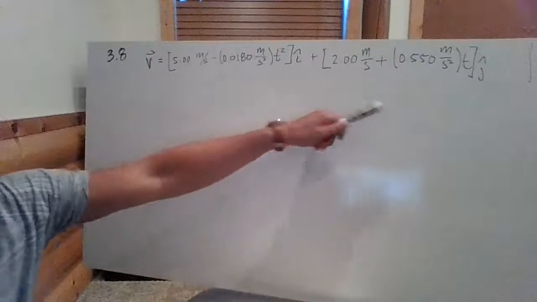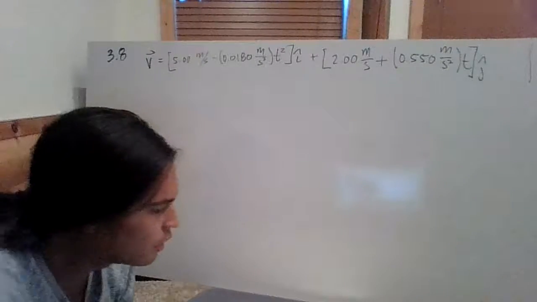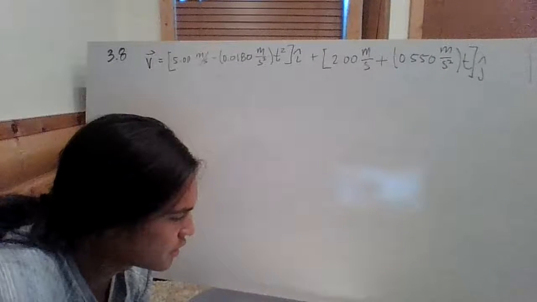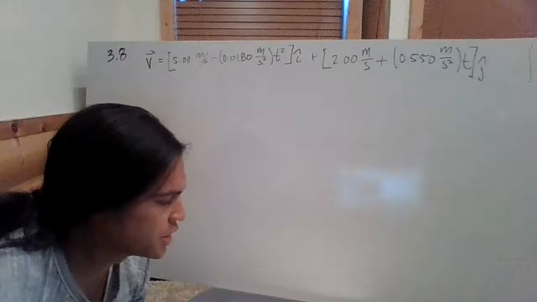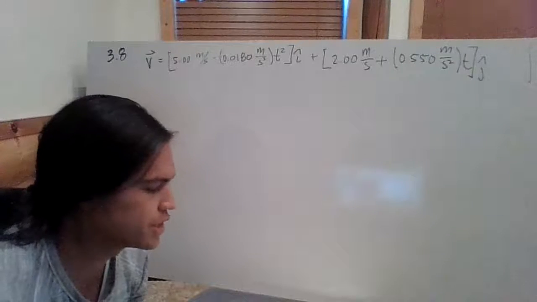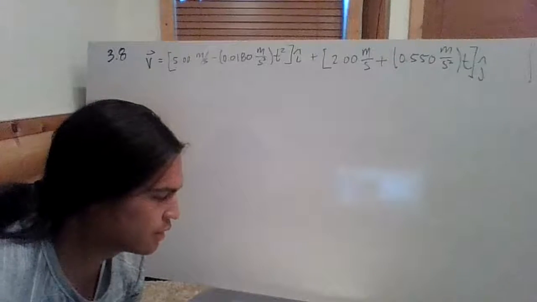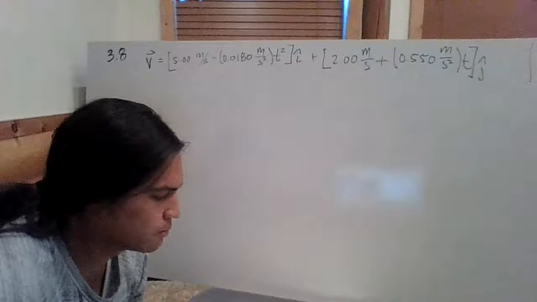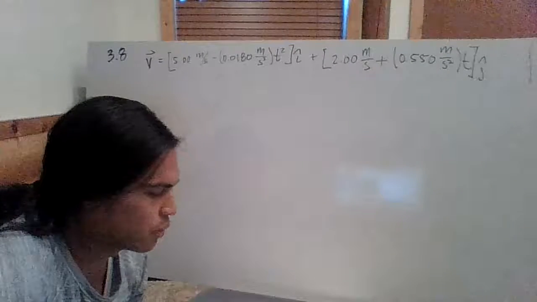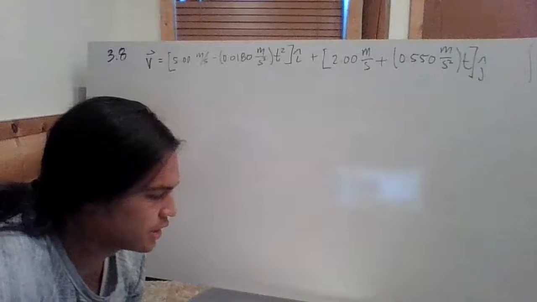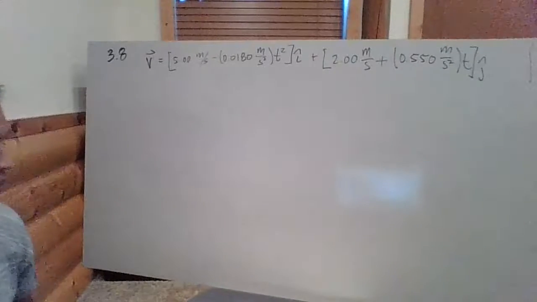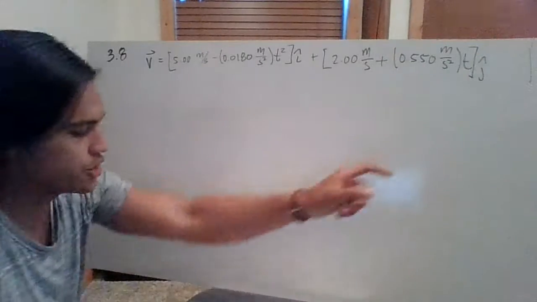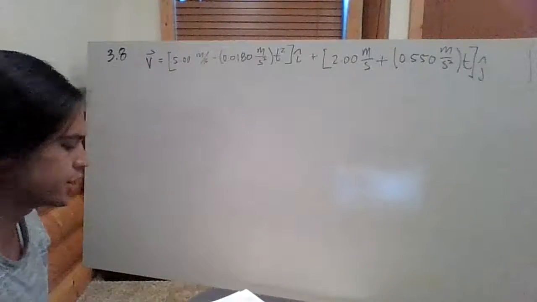So what I have written right here, it asks what are ax in relation to time, or acceleration in the x direction in relation to time, and acceleration y in relation to time, and x and y components of the car's velocity as functions of time. So the first thing we're going to do is split this up into the i and j portions.